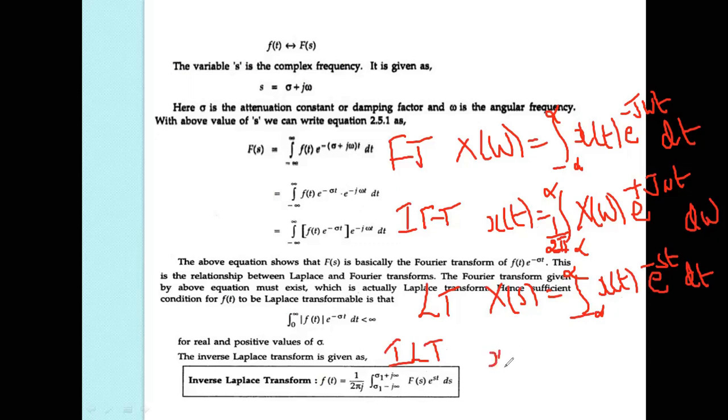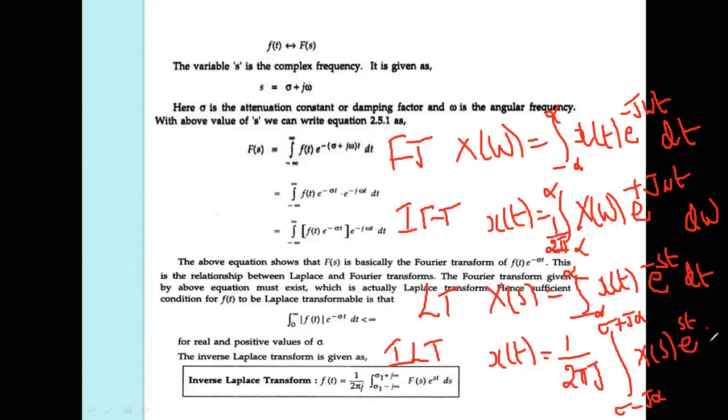Here x(t) becomes the output. x(t) is equal to 1 by 2 pi j, because it is a complex frequency, and the integral is from sigma minus j infinity to sigma plus j infinity of X(s) e power st, with the positive exponential and with respect to s. The only difference is that s is a complex frequency, with 1 by 2 pi j and limits sigma minus j infinity to sigma plus j infinity. This is the definition of the inverse Laplace transformation.